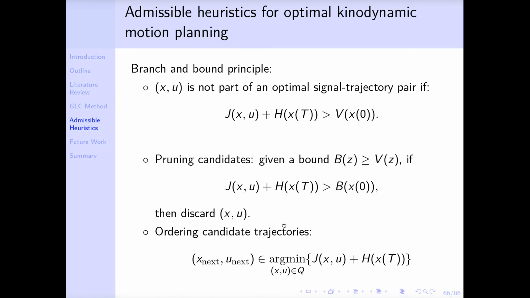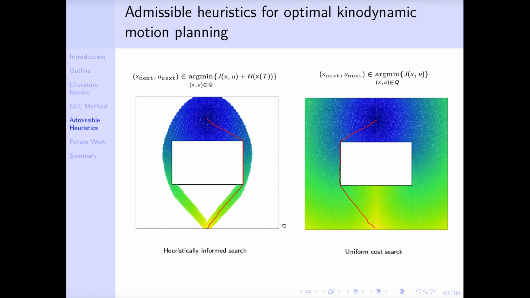Another even better way to make use of an admissible heuristic is to order our candidate trajectories according to the cost plus the admissible heuristic. So here's this shortest path toy problem once again. On the left, I'm showing a heuristically informed run of a motion planning algorithm, and on the right is a uniform cost search which doesn't make use of a heuristic.